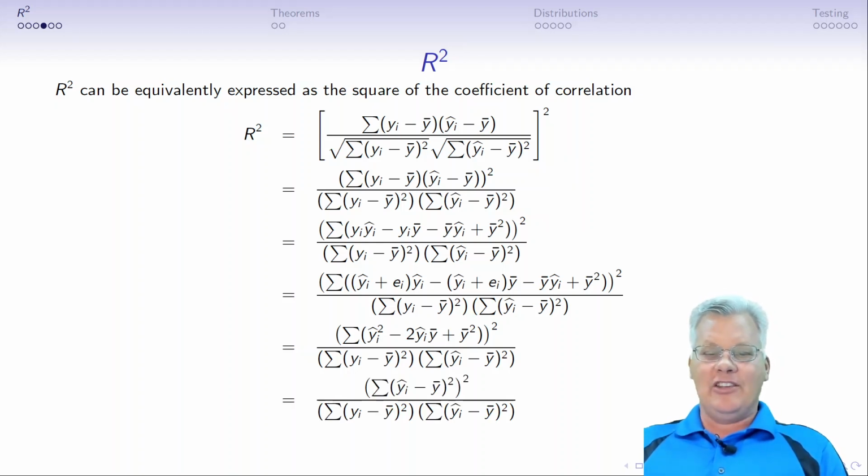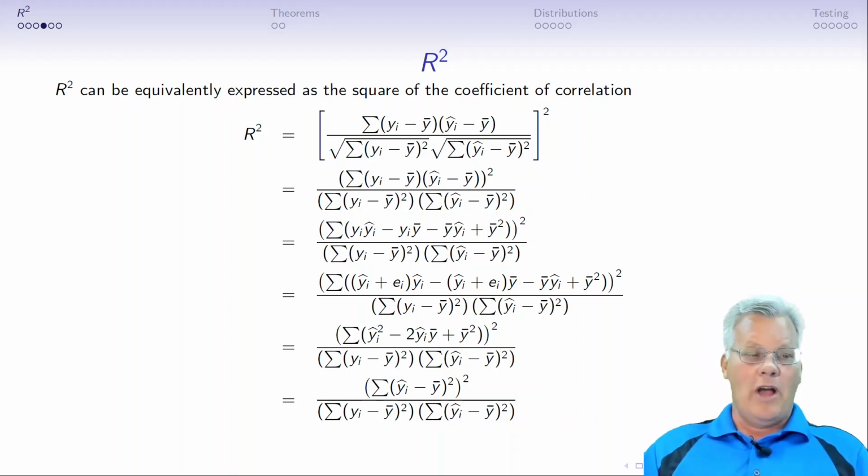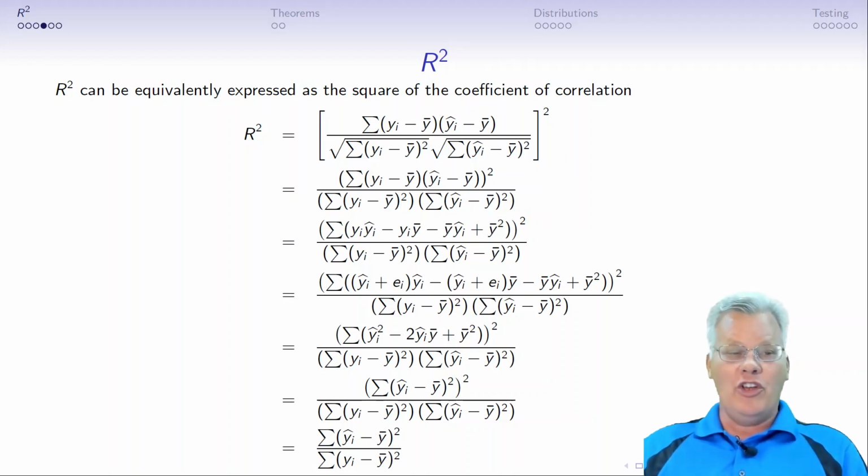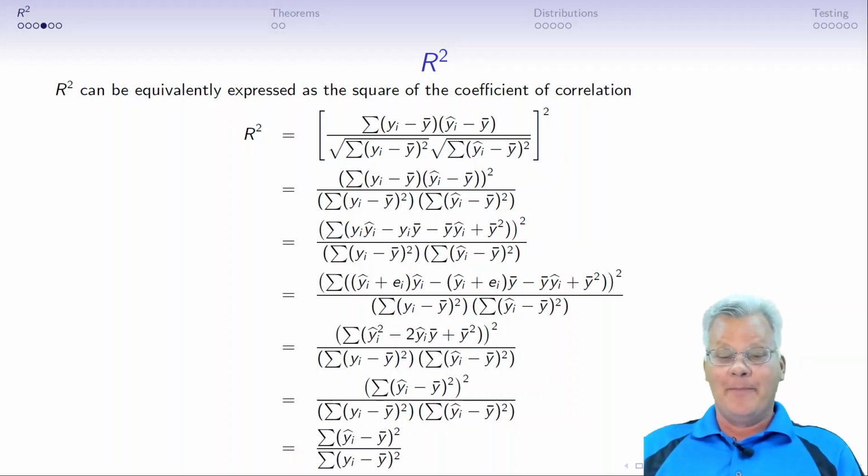You'll notice that that inner term now is equal to the sum of the deviations of the regression equation. So y hat i minus y bar quantity squared. And now that term is squared in the numerator, and it appears once in the denominator on the far right. When I simplify that out, I'm left with the familiar specification of r squared from the previous slide.